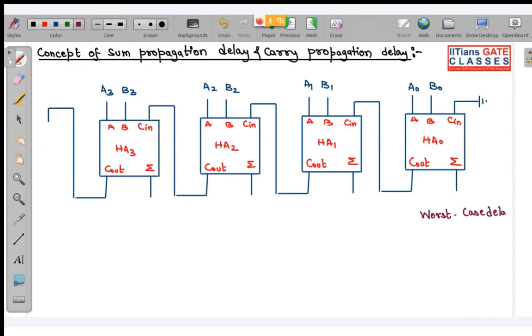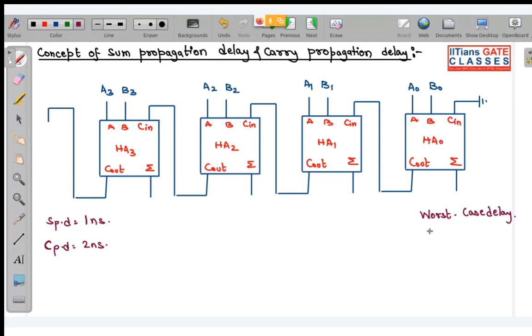So in worst case delay, we mean that all the full adders are suffering from delay. Let us assume sum propagation delay here is 1 nanosecond and carry propagation delay is 2 nanoseconds according to our example.